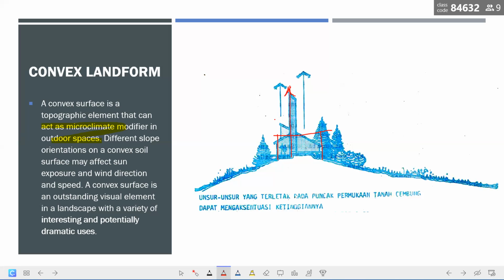And you can see from the roof pitch here that it continues with the contour. It picks up where the contour left off, visually connecting with it.